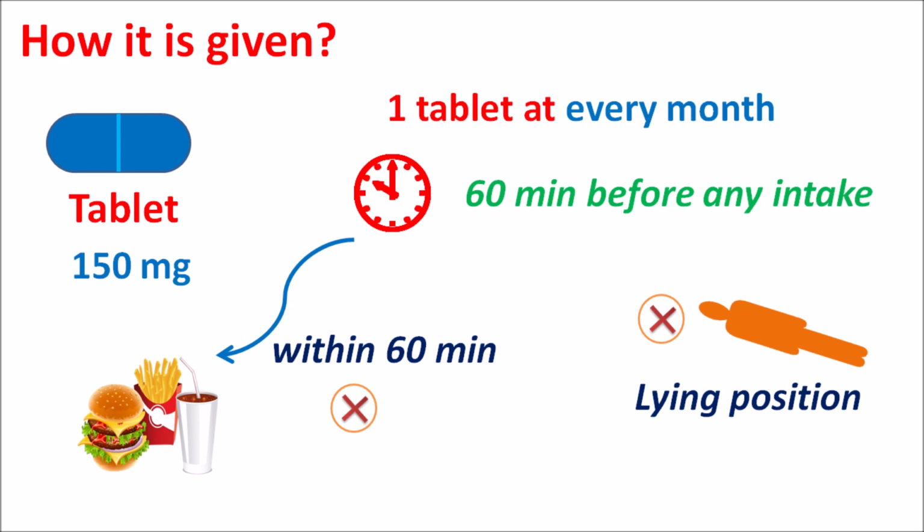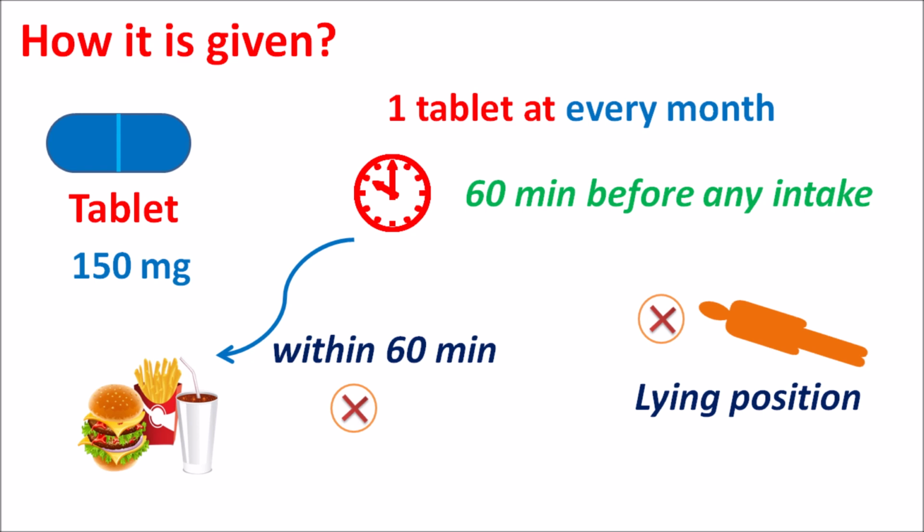So that's about this drug ibandronate, which is indicated for the treatment of osteoporosis in the postmenopausal women. And this drug is going to reduce the bone resorption by inhibiting the osteoclast function, and it increases apoptosis of osteoclast, resulting in the decreased bone resorption.